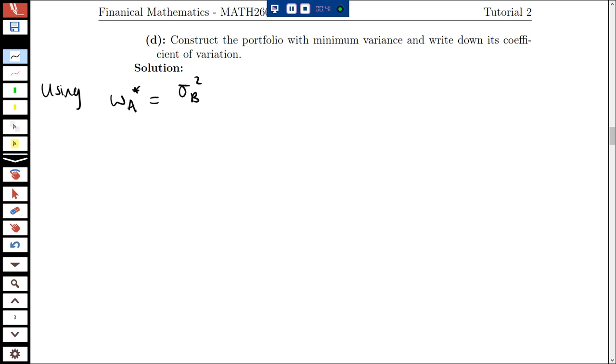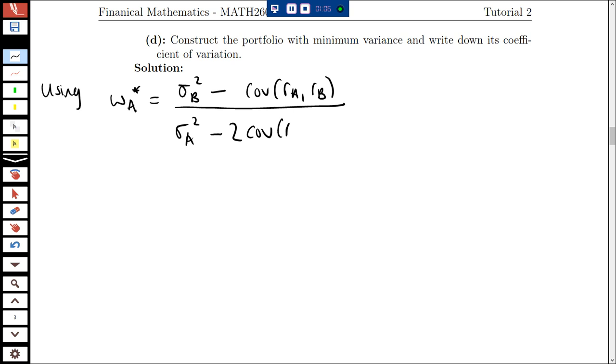The minimum weight for the weight for stock A given the minimum variance portfolio is the variance of B, take away the covariance of the returns on A and B, all divided by the variance on A, take away 2 times the covariance of returns on A and B, plus the variance on stock B.